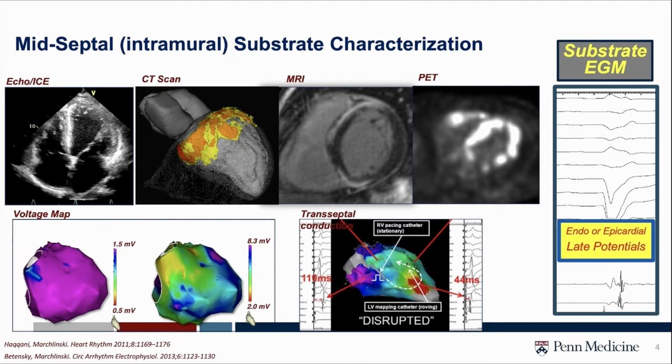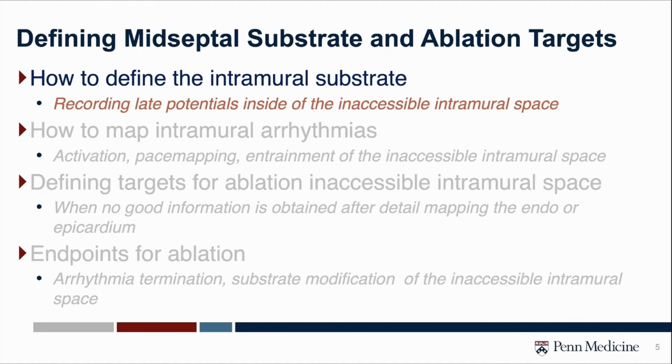If you start thinking about this, the real definition of intraseptal substrate would be if we could record signals inside of the septum and demonstrate that all this imaging that suggests the presence of abnormal conduction in the septum is in reality what is happening electrophysiologically. So how can we do that?